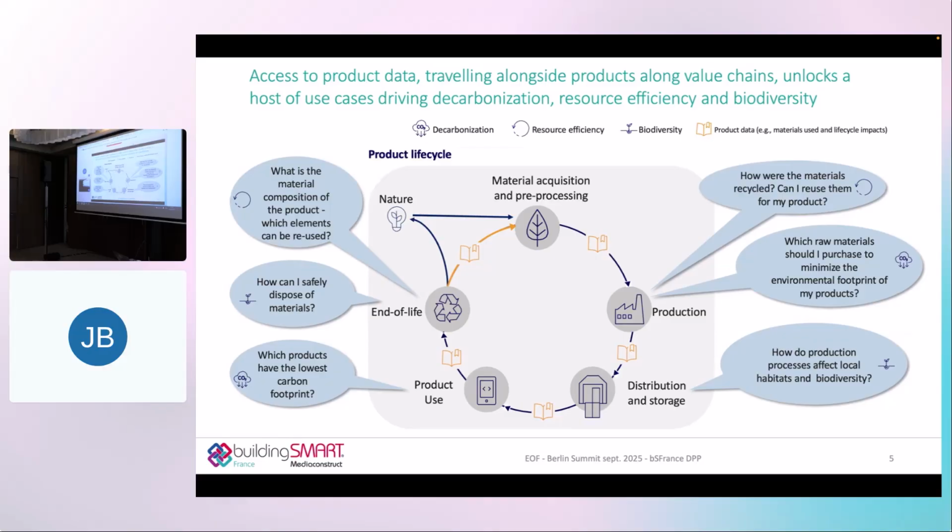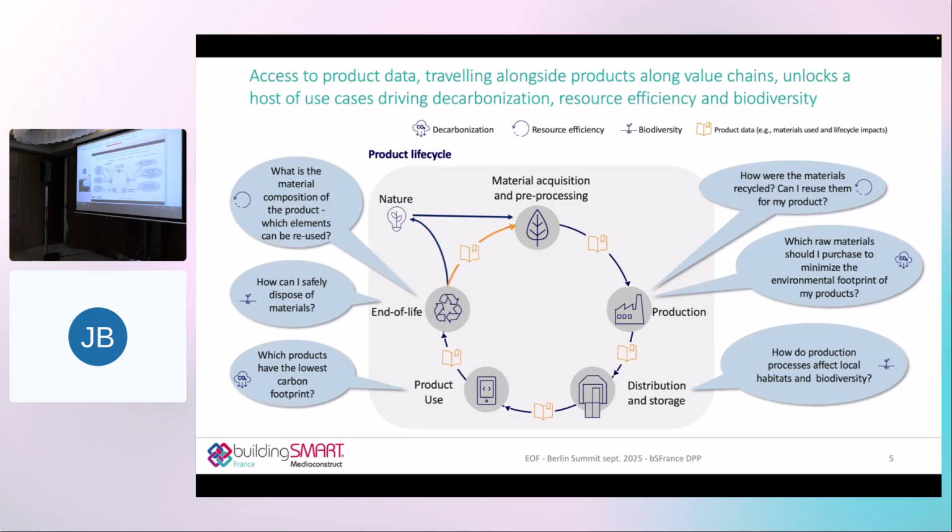We have a life cycle for construction products. The whole objective that everyone is pushing is decarbonization, being efficient and environmentally friendly, and our product data shall be able to reflect that and help us choose the right products. We expect that research and development and the people producing the products will go in this direction. That's the goal.